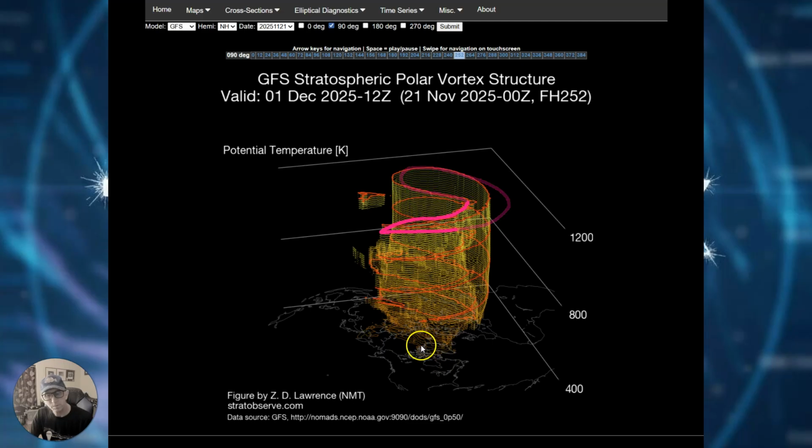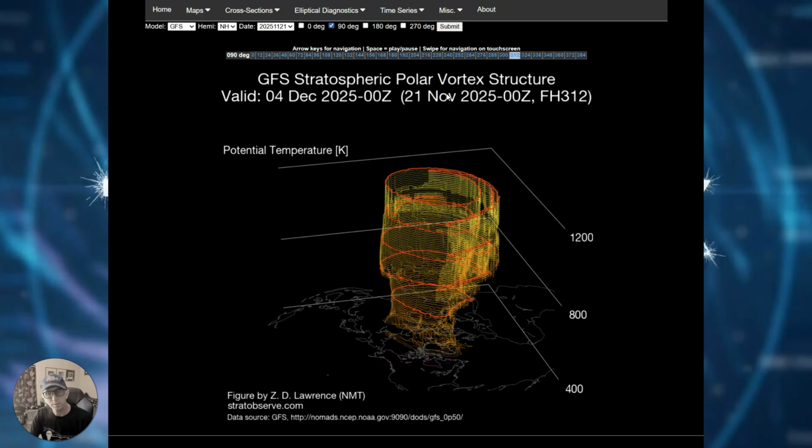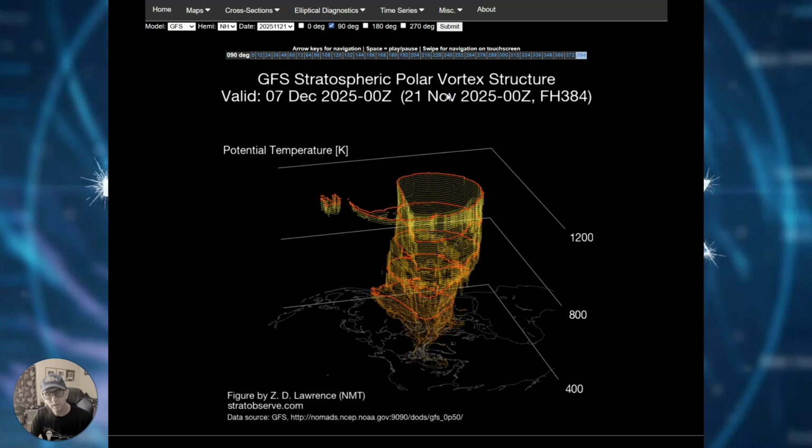And we see some of the parts of the vortex impacting the U.S. I know this is kind of a yucky drawing, but you see what's happening here, okay? Move through time. It's kind of stretched this way and this way, right? You see it here?